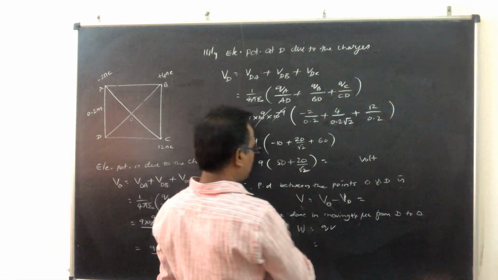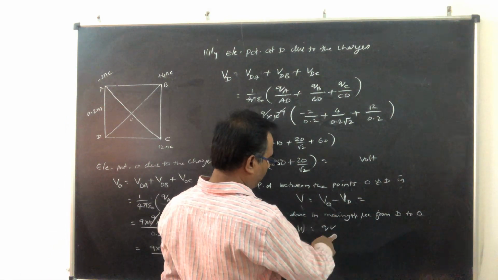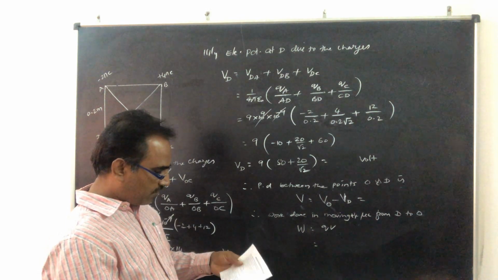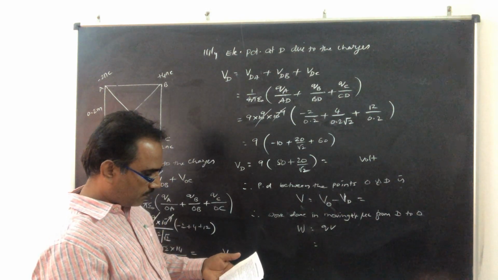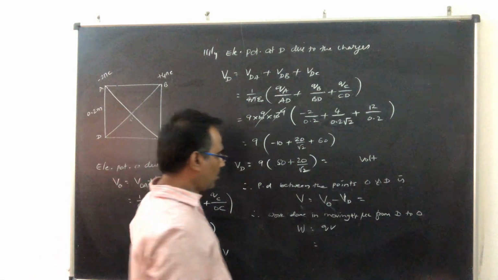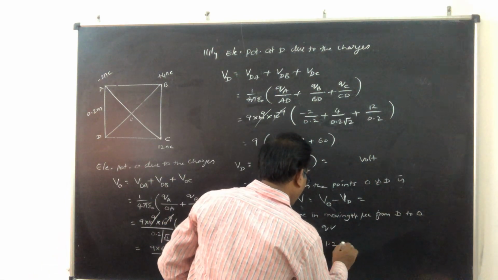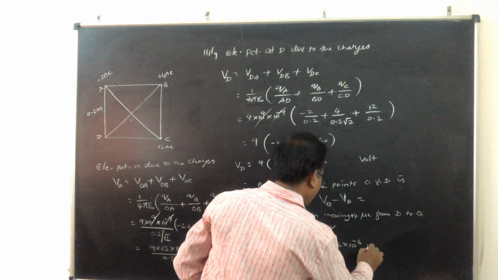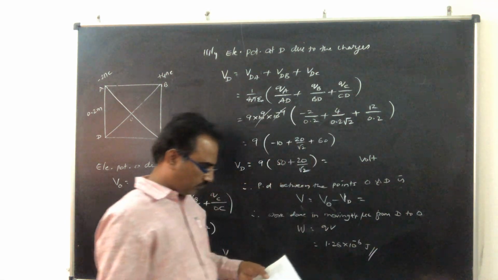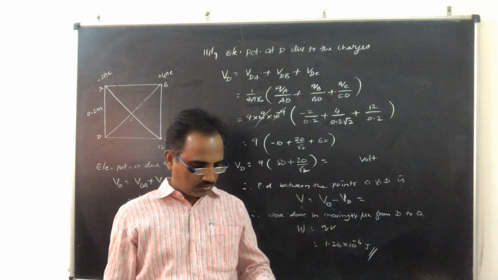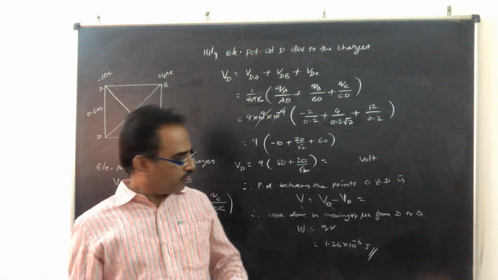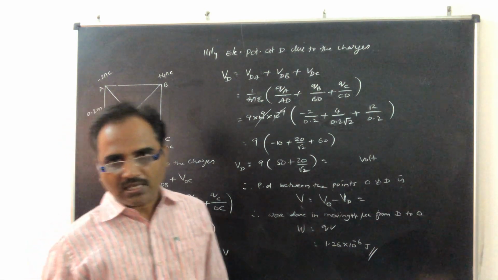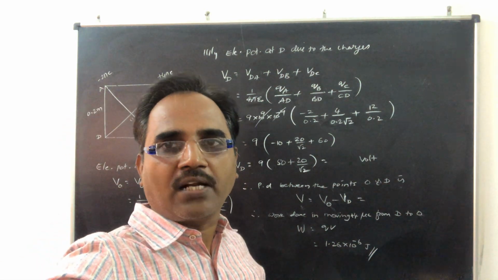So you take this value of Q and V in this formula and do the calculation for W. You check whether you get 1.26 into 10 to the power of minus 6 joule. You are supposed to get this much. You check whether you get this answer or not. Tomorrow or in the next class we shall take a few more problems in this electric potential.